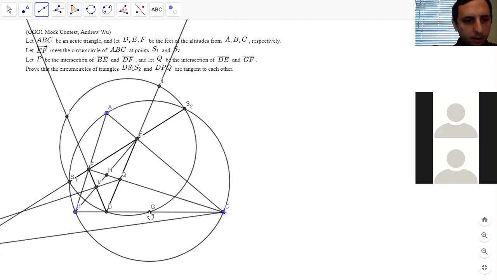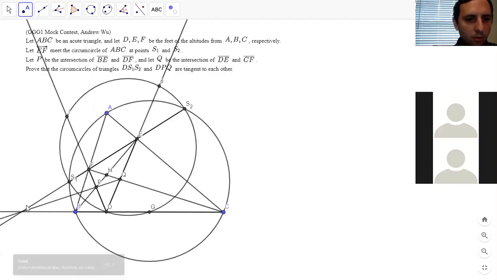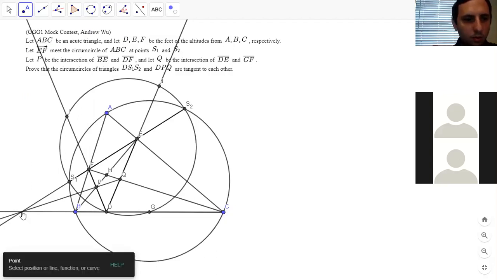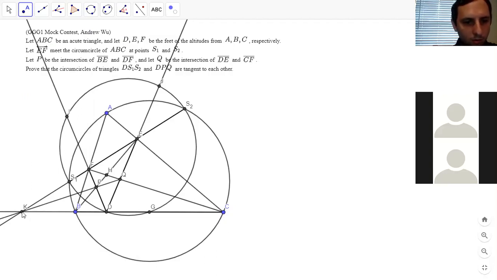Is that by the radical axis theorem? If you take triangle DEF as the main triangle, it's easy to see. It's a well-known thing. Okay.